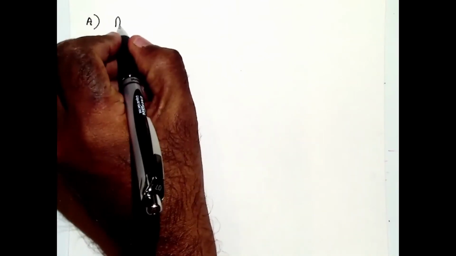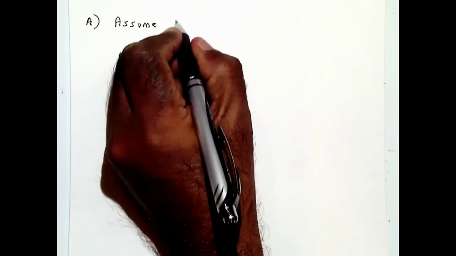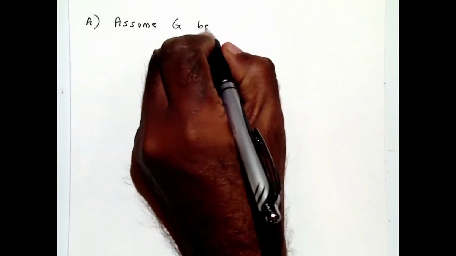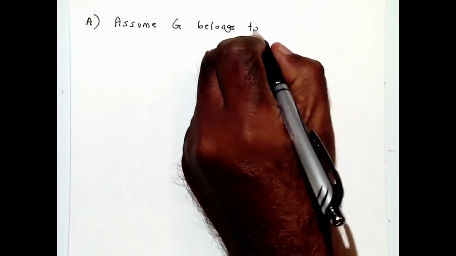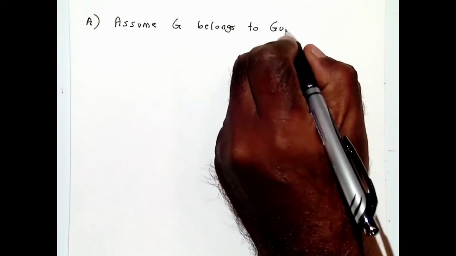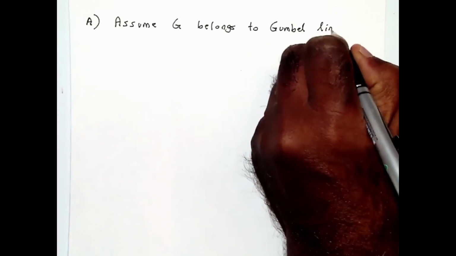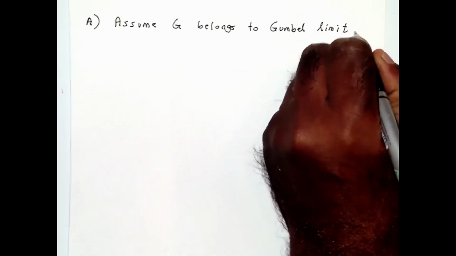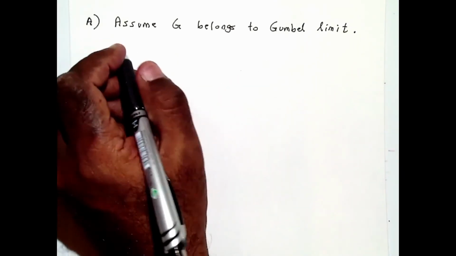So I'll start with part A, right, which is to assume that G belongs to the Gumbel limit and show that F also belongs to the Gumbel limit.